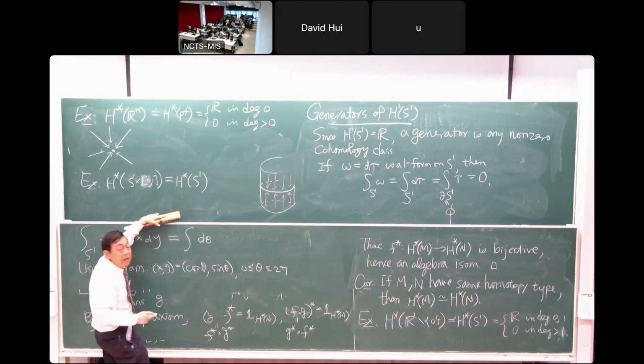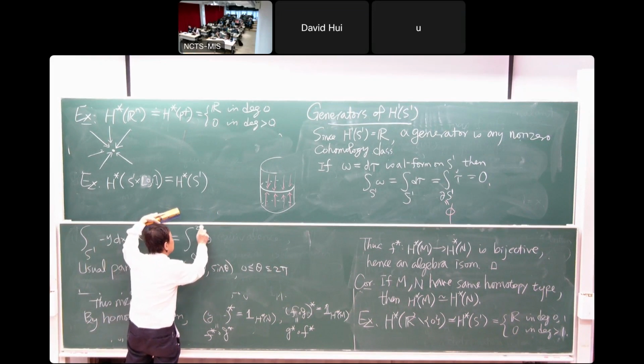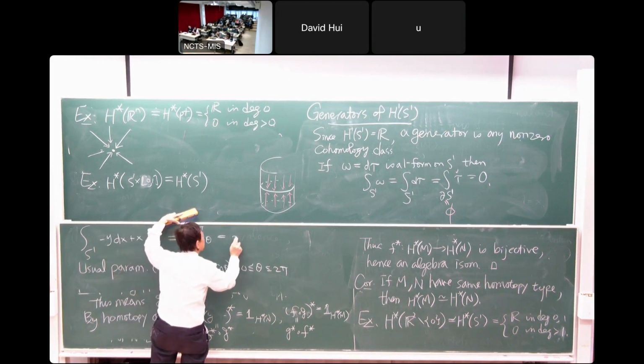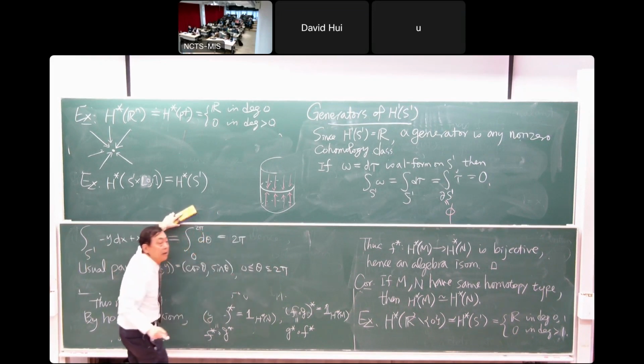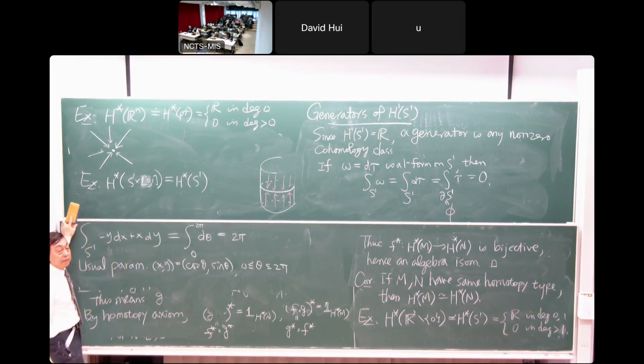Okay? And you'll integrate that from 0 to 2 pi, so you will get 2 pi. Yeah, so this would be a generator.